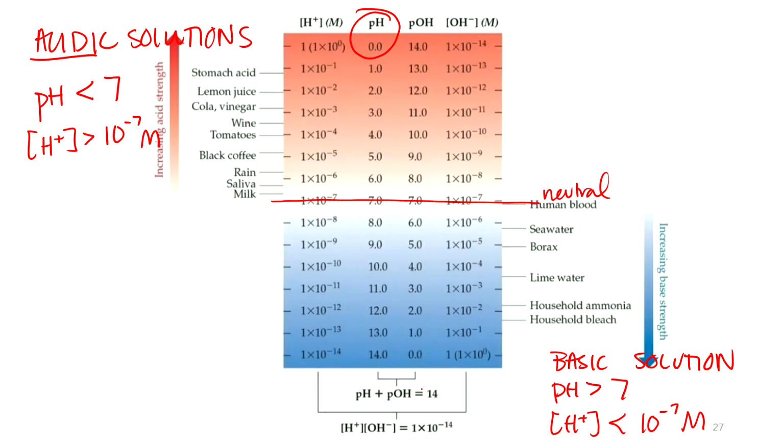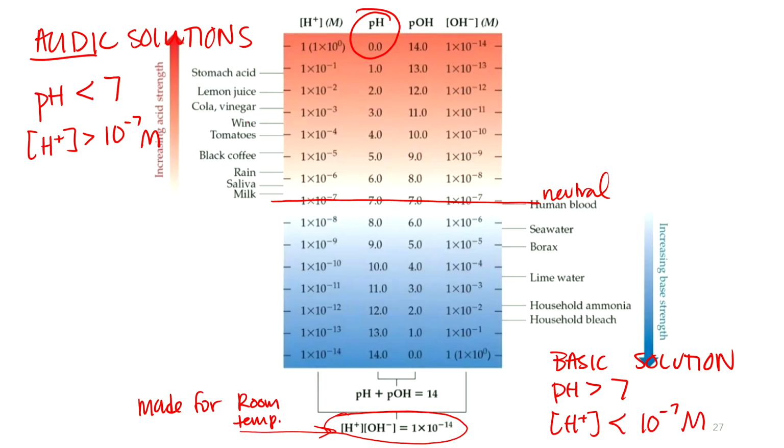Notice down here that this is all based on H plus times OH minus concentrations equaling 1 times 10 to the negative 14th. That tells me that this was made for room temperature, or 25 degrees Celsius.